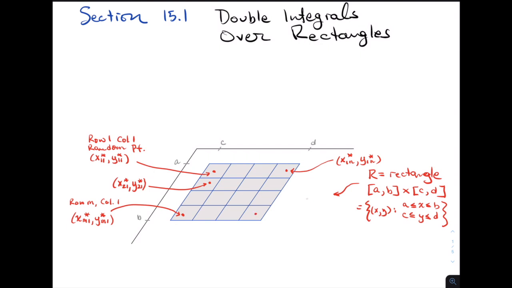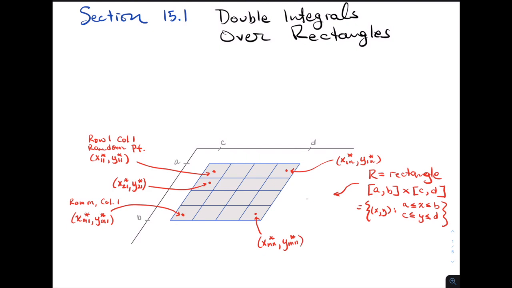Down here, we're going to have xmn star, ymn star.